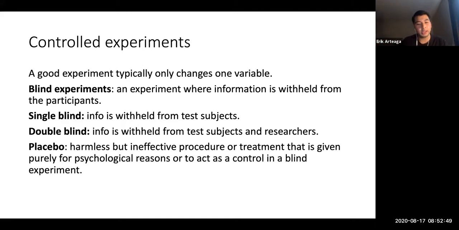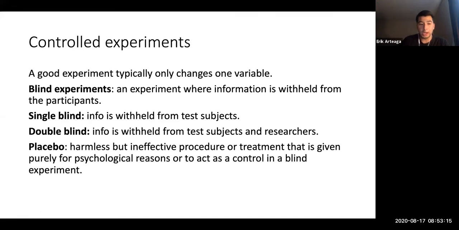Okay, again, that's important in psychological studies because we were all born and grew up in different backgrounds. So all of us have inherent biases that we can transfer onto that experiment, especially when experimenting with people. So again, single blind: information is withheld from test subjects. Double blind: information is withheld from test subjects and the researchers providing those treatments.